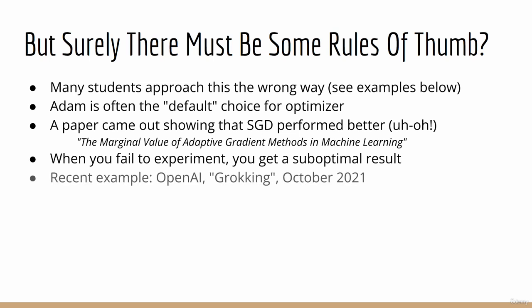Here's another very recent example from OpenAI, released in October 2021. In this paper called Grokking, the authors explore an interesting phenomenon regarding the ability of neural networks to generalize. Now, the idea behind this paper is not that relevant for this discussion, but what is relevant is what the authors tried.